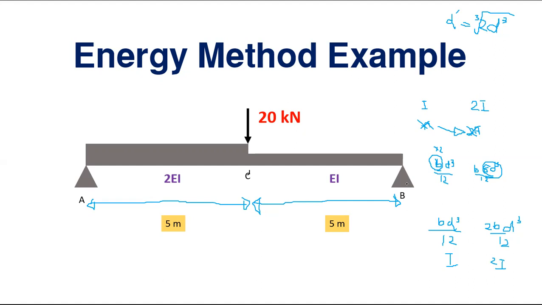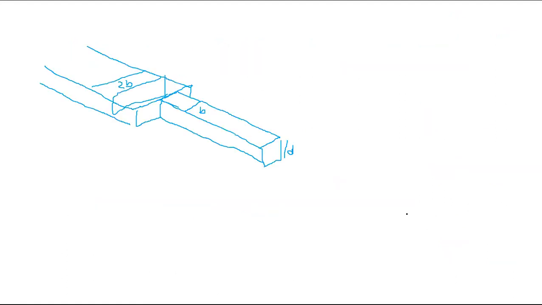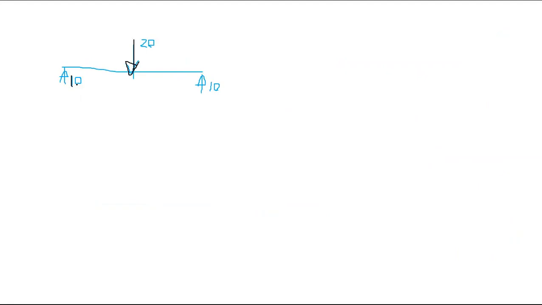So that would be 10 kilonewton and 10 kilonewton, because the summation of these two reactions should equal 20. And when you take bending moment about one of the points, let's say this is Ra, so 20 into 5 equals Ra times 10, right? So you can see Ra becomes 10 and then Rb also becomes 10, right?